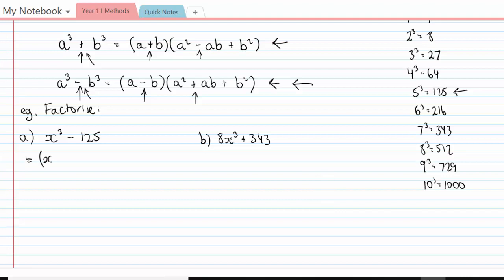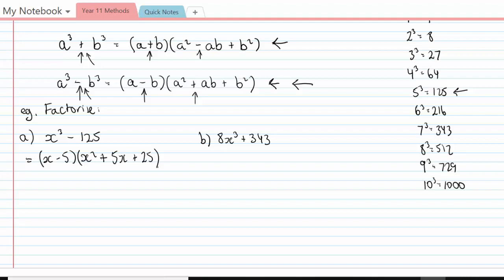So it's going to be x minus 5, and then x squared. Now, this sign is the one that's always different. And then ab, so it's x times 5, which is just 5x. And b squared is 5 squared, which is 25. And, well, there we have it.